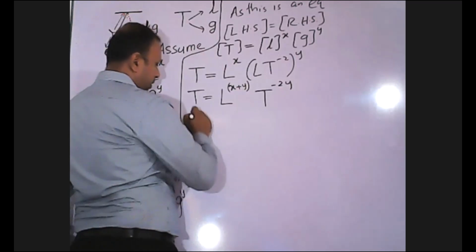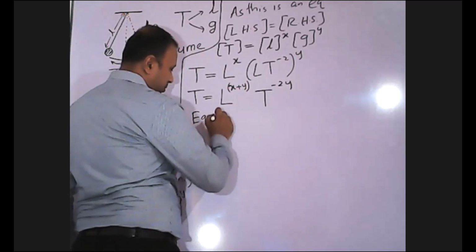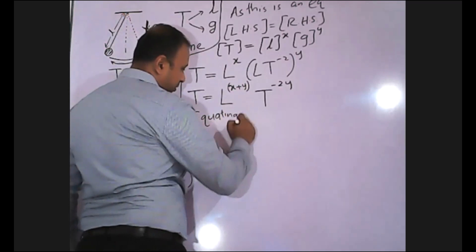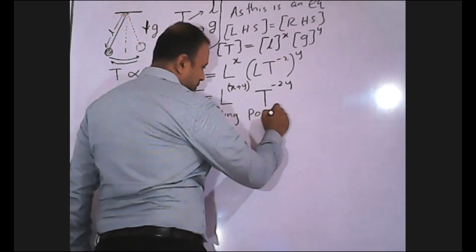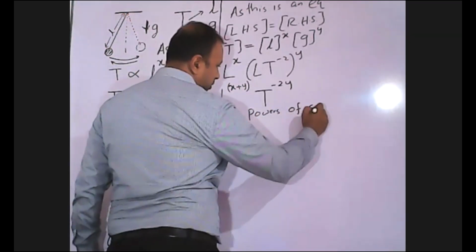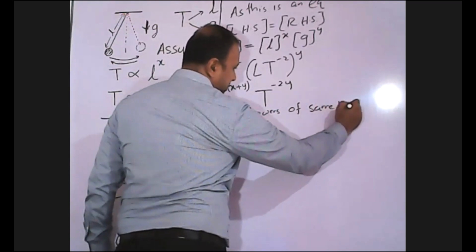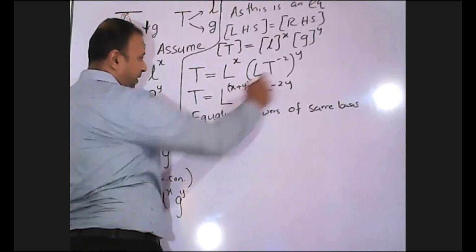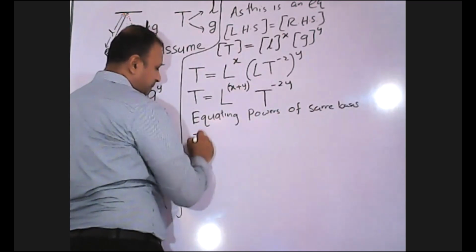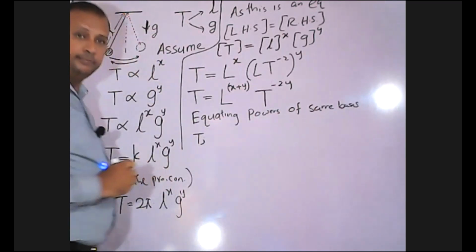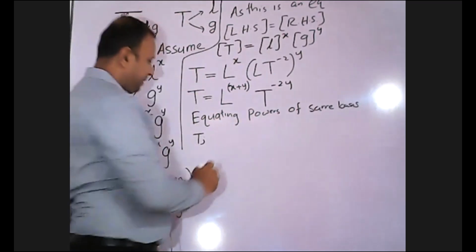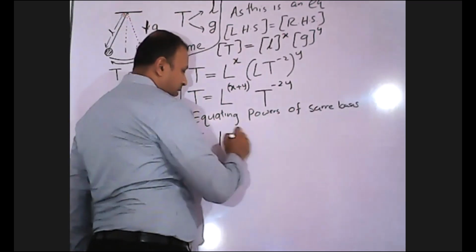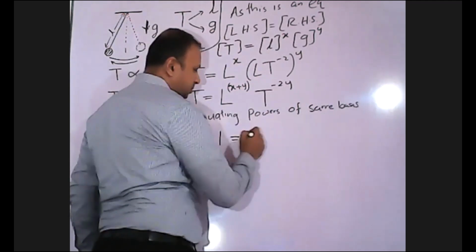So, equating the powers of the same bases. If I equate the power of T, it is the easy one. The power of T on the left is 1, and on the right it is minus 2y.